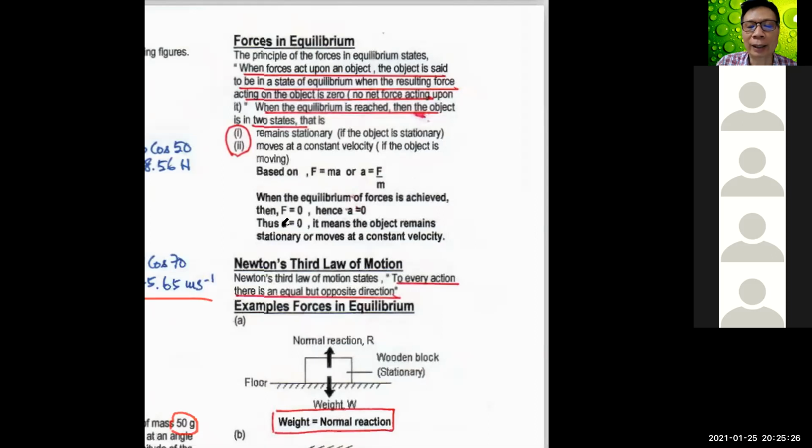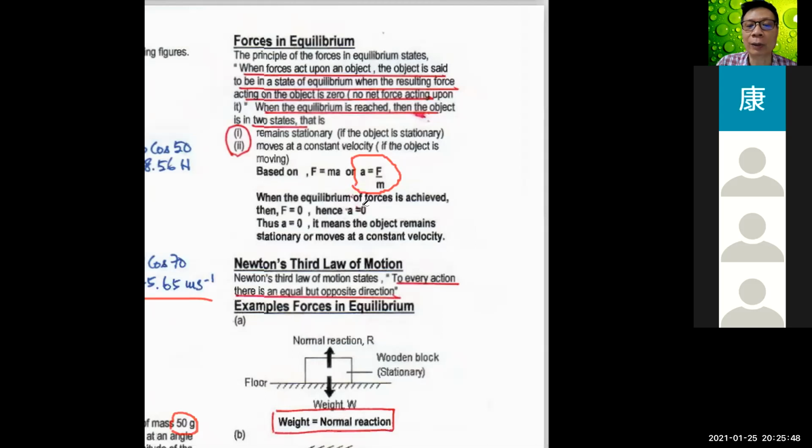Thus, when the acceleration is 0, the object will remain stationary or move with constant velocity. That's why our conclusion is based on this formula. We say when net force is 0, 0 divided by m, you get 0 for a, right?